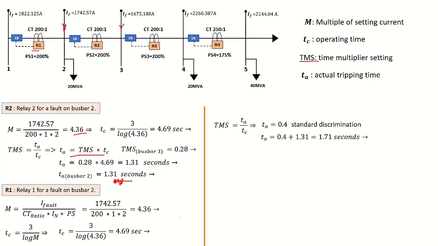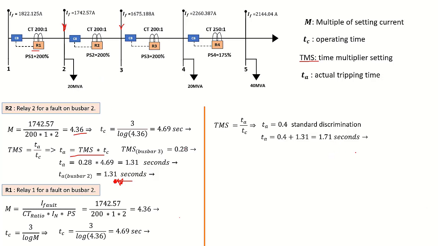This one. Because remember, we are now calculating the TMS for relay 1 for the fault on busbar 2. So we have to use the TA that we calculated when we were calculating for relay 2 for the fault on busbar 2. That's the procedure, guys. So you just follow section by section. This is how protection is provided when you use IDMT relay with grading margins in a differential protection setup.